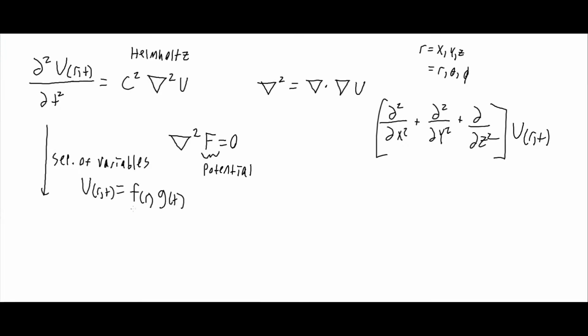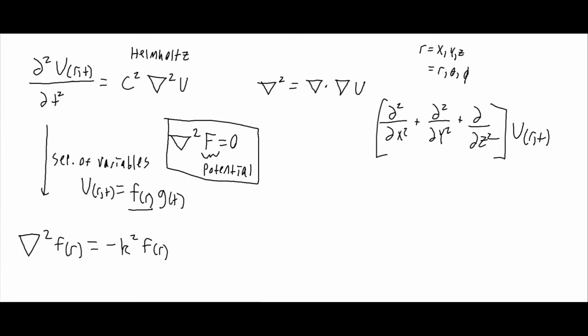And if we look at just the space part of this separation of variables, then what we end up getting is the Laplacian of our function with respect to space is equal to minus k squared times our function with respect to space.